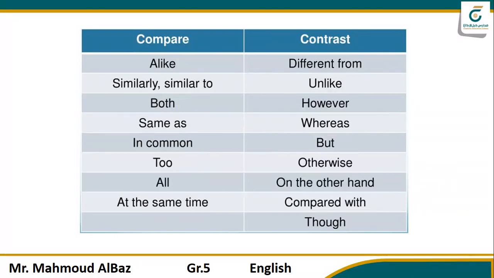All of these words show comparison, and these words show differences: different from, unlike, however, whereas, but, and so on. On the other hand is a very common word. So you can use one of these words if you like. Most of them, no problem. So, are you ready to start?